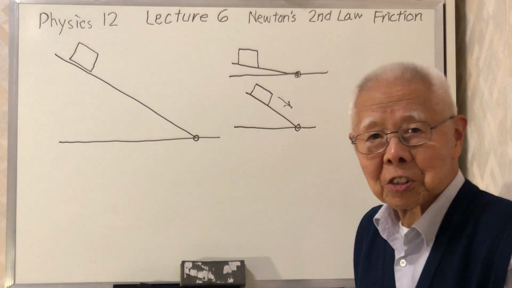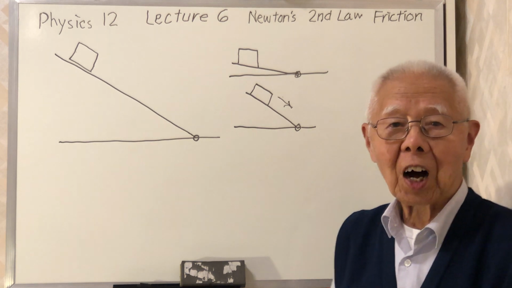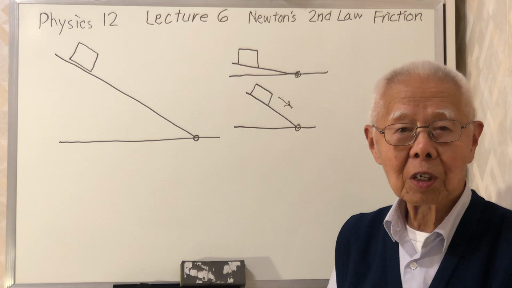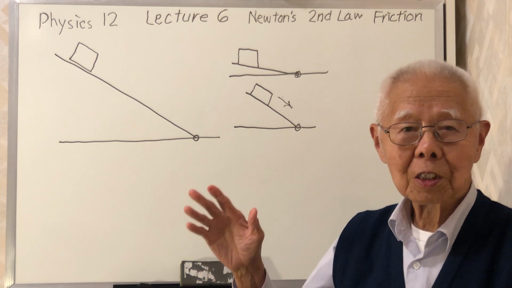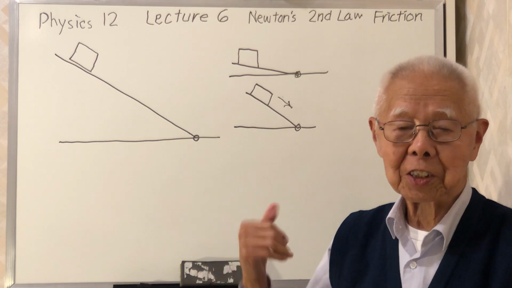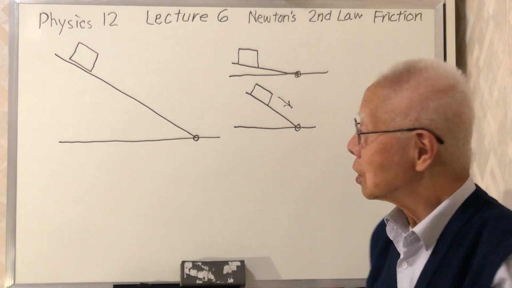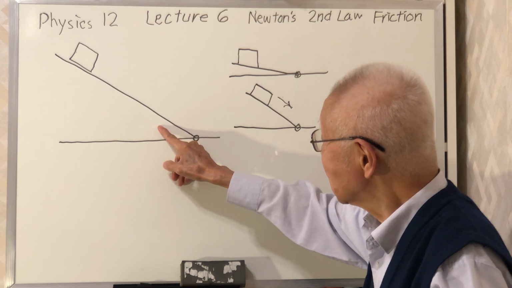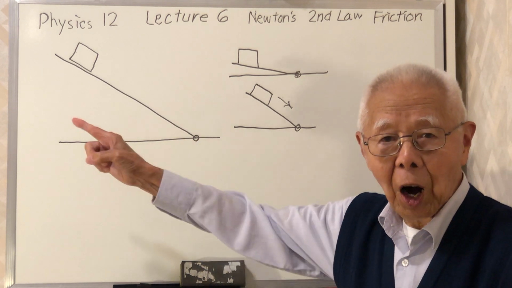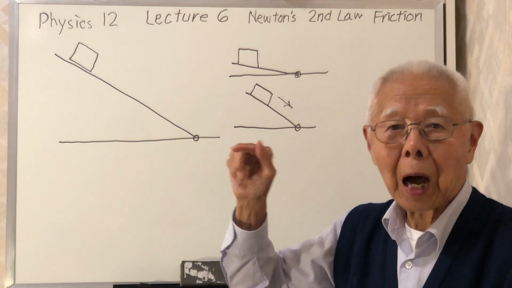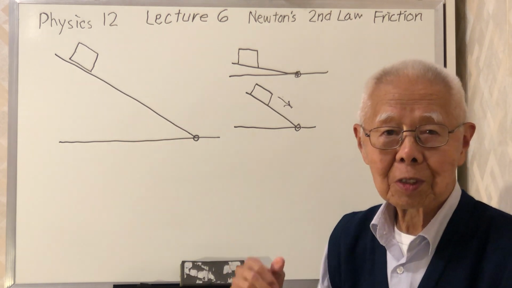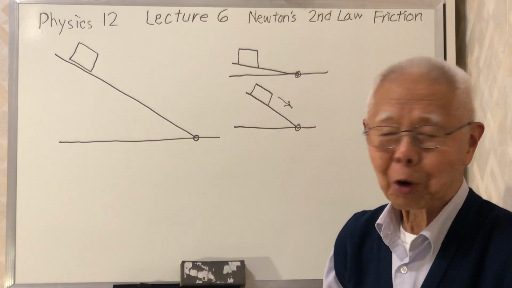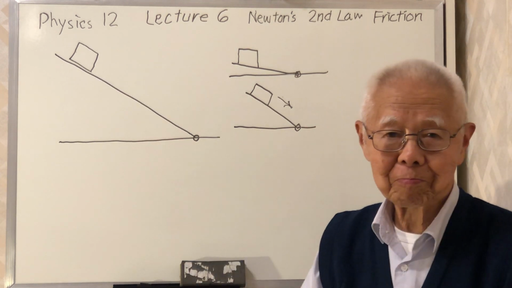The reason it slides down is because the friction force is not large enough to prevent the box from sliding down. Now this question is to find the angle so that the box is just about to slide down, or the box starts to slide down. What is the angle here?